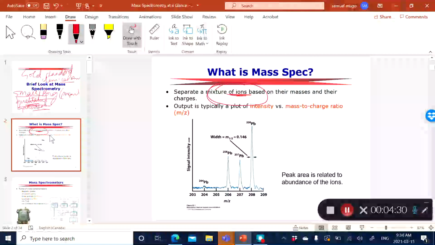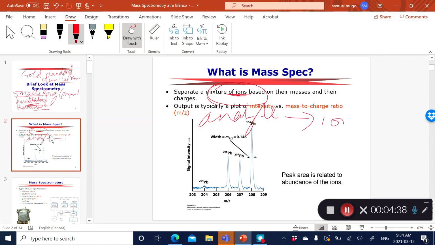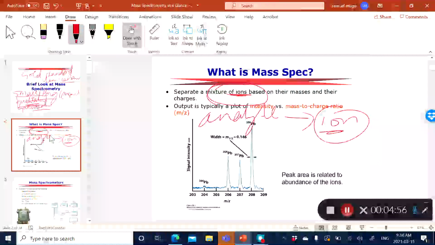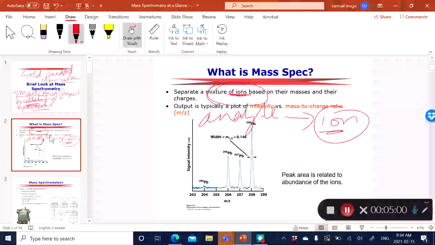And so if you have to use a mass spectrometer, you must find a way of converting the analyte into an ion because mass spec is only sensitive to ions. It's not selective or sensitive to anything out there that is a neutral analyte. So it has to be an ion. So of course, as I'm gonna show you in the next slide, ionization then becomes a very fundamental component in mass spectrometers.